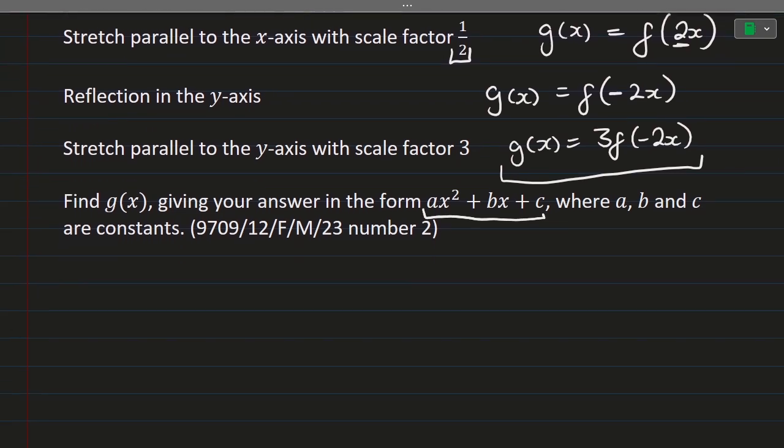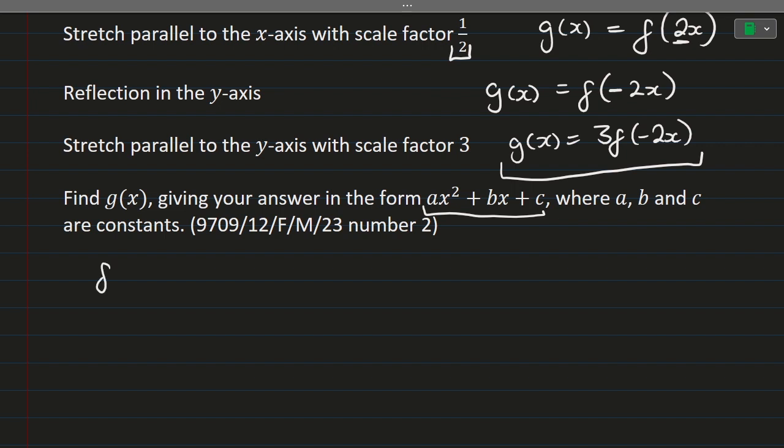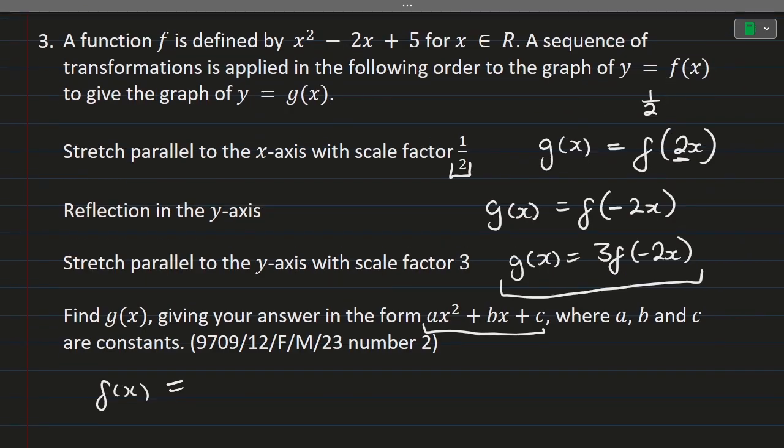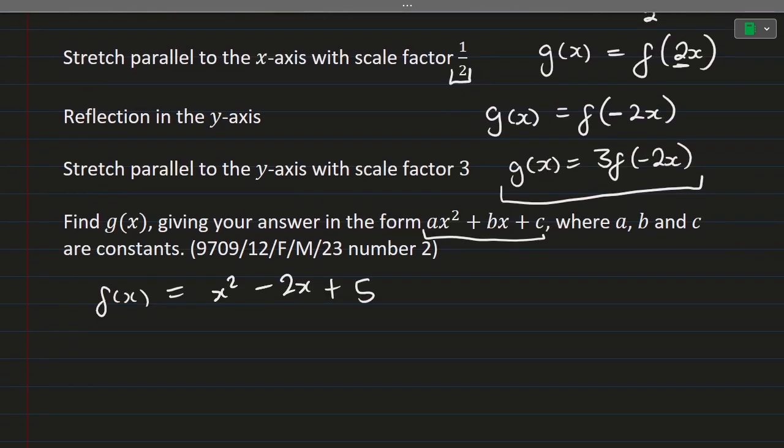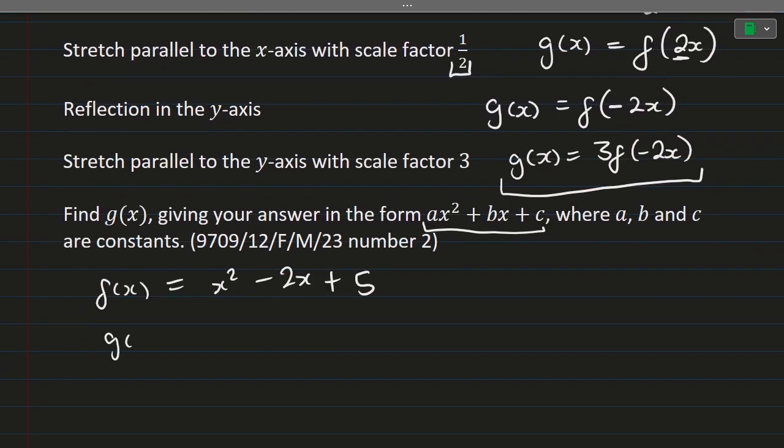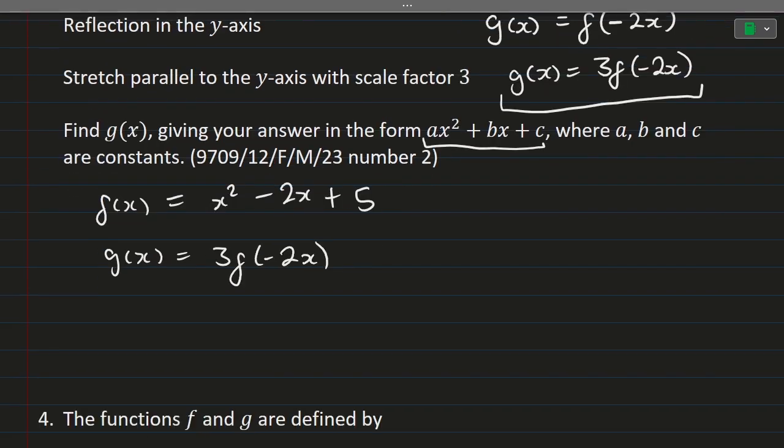What we can do now is we know that f of x has been given as x squared minus 2x plus 5, and we have created the expression that g of x can be written as 3f of minus 2x. So now we just substitute that, so it becomes g of x is equal to 3.